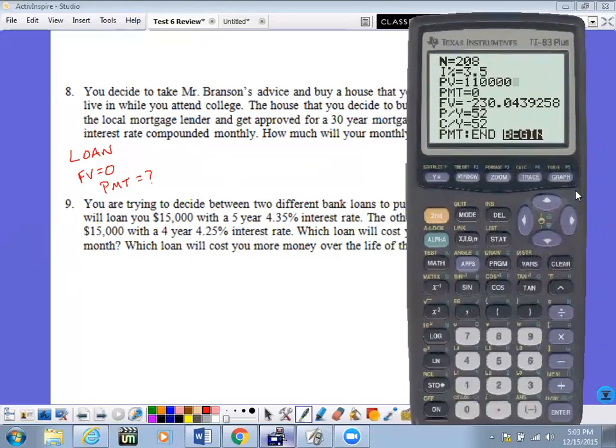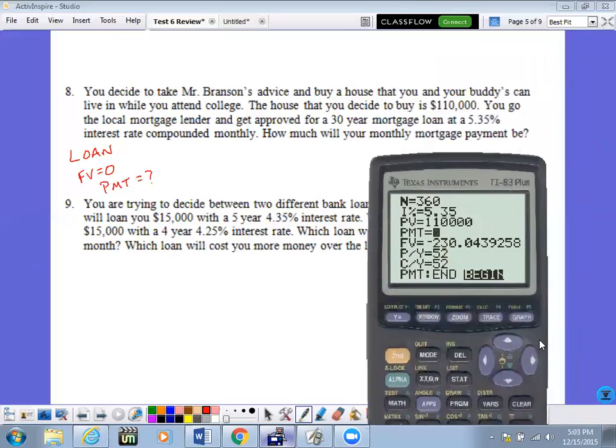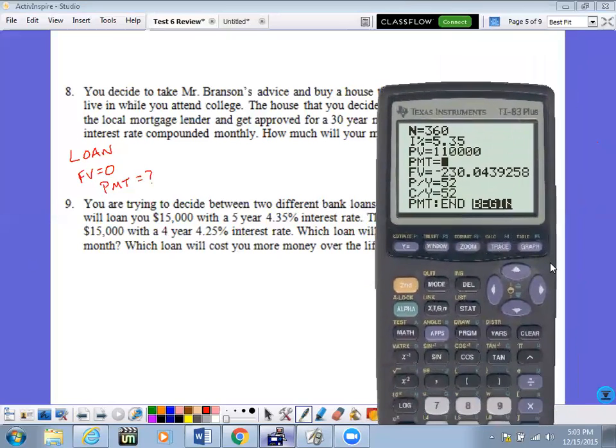So 30-year mortgage, for 12 monthly payments, so you have monthly payments, 5.35%. Your payments is what we're searching for.